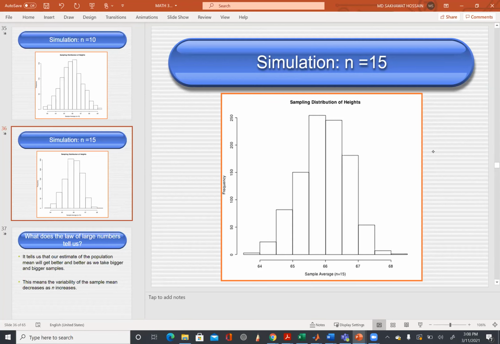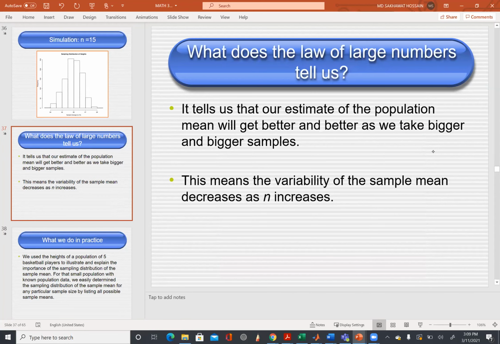Okay. Now, what does the law of large numbers tell us? If you consider a large sample size, it tells us that our estimate of the population mean will get better, right?